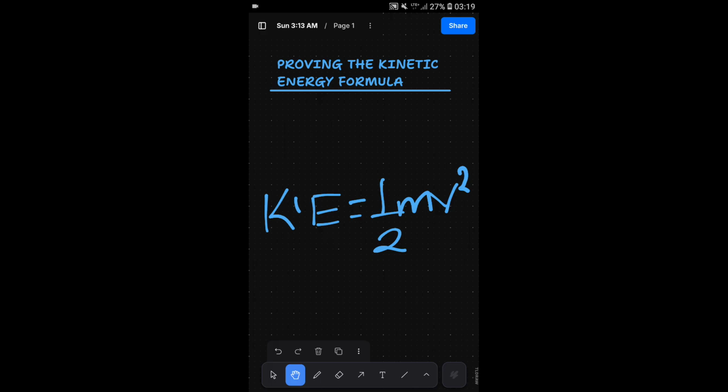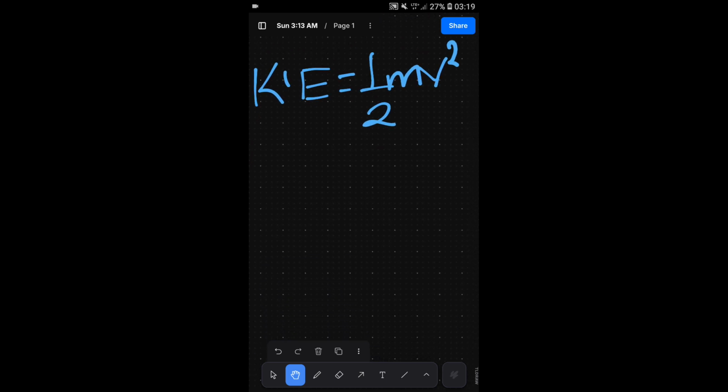Now to begin with, we know the formula for calculating the work done on an object. Work done W is given by force times distance.